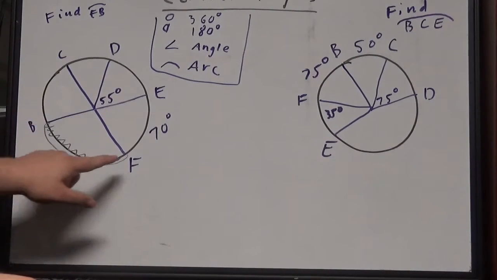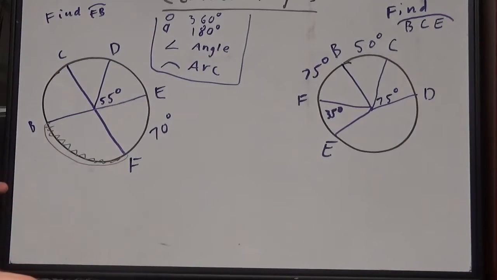We want to know what this is. Now, granted, you look at this, you could think, well, how would we know what this is going to be? We don't have any information. Now, when we're doing this, we want to assume, and your assignments should tell you this, that any lines that look like diameters are diameters.